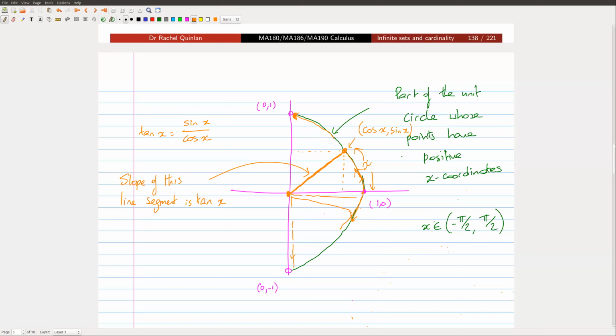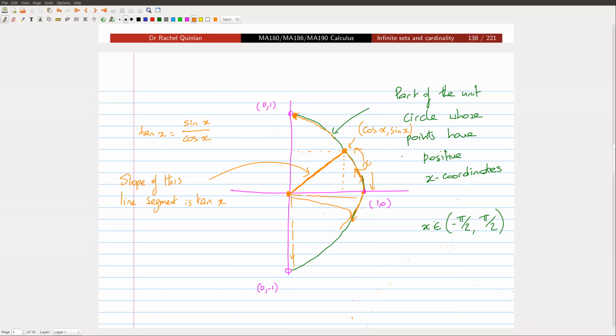So basically, think of it like the hand of the clock as it rotates through the whole right-hand half plane there. The slope of that line segment goes through all the real numbers from minus infinity to plus infinity. There are no different angles for which it has the same slope. So it goes through all the real numbers, captures each of them exactly once, and establishes a bijective correspondence between that interval minus pi over 2 to pi over 2 and the full set of real numbers.